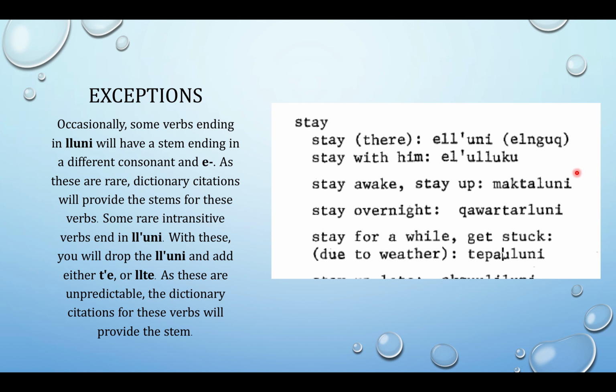Like this example here, ashuni is to stay in a place, and this is actually not the root word, this is the third person present tense intransitive ending, so he is currently staying there, is what it means.